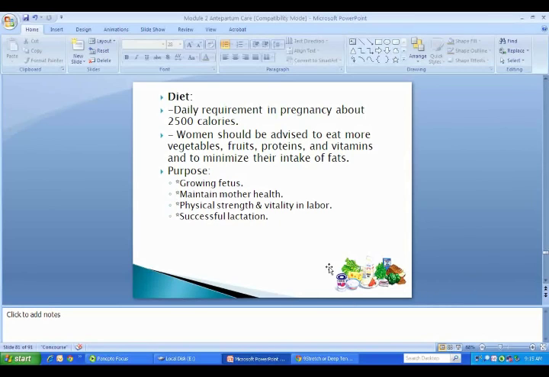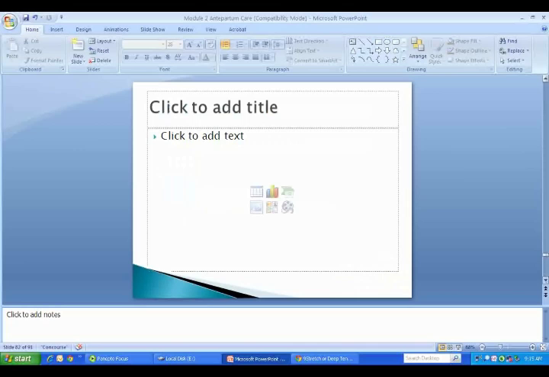Diet, again, daily requirements about 2,500. We want to have a good balanced diet. We stress that. And again, that's about 300 calories a day. However, if she goes into breastfeeding, that's going to be even more once she delivers.